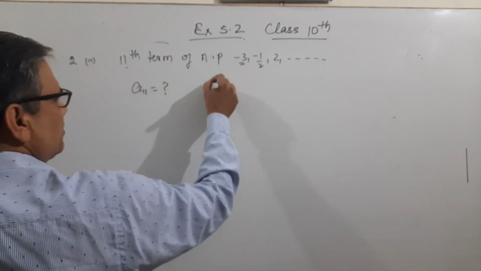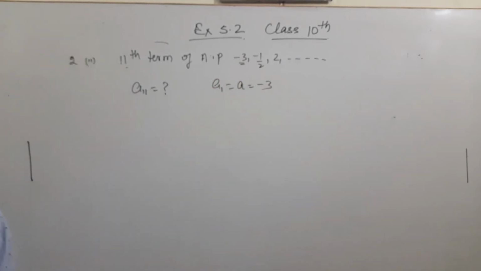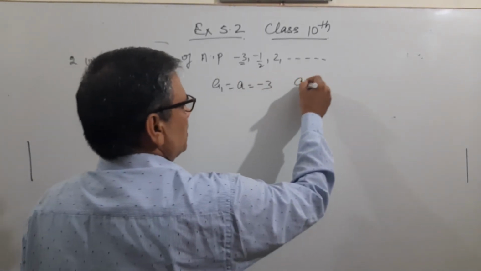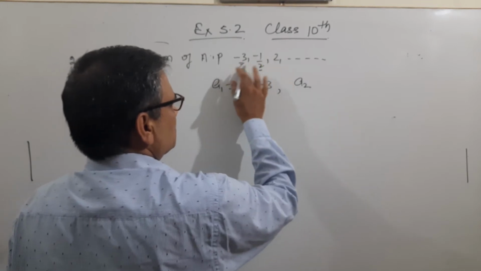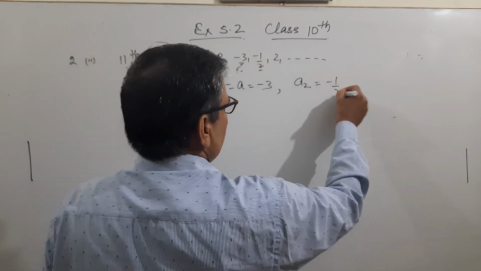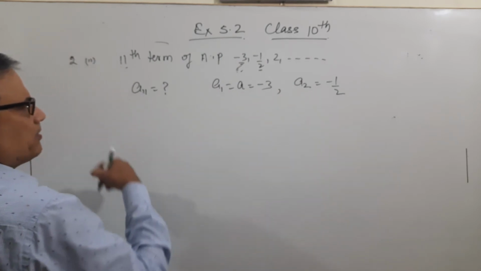This is A1, so A equals -3. And this is A2, which is -1/2. A1 is given to us, A2 is given to us, and A11 we have to find.